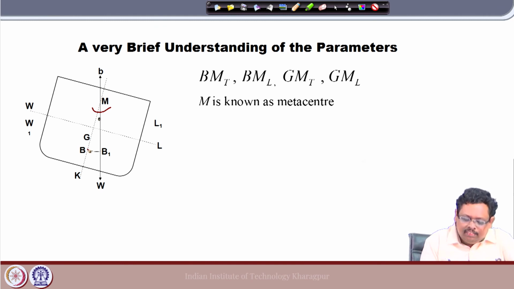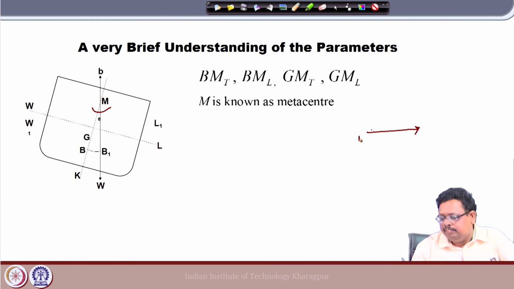Here the assumption is that the shift of B is only in the horizontal direction. In general B can shift horizontally and also vertically, but we ignore this.